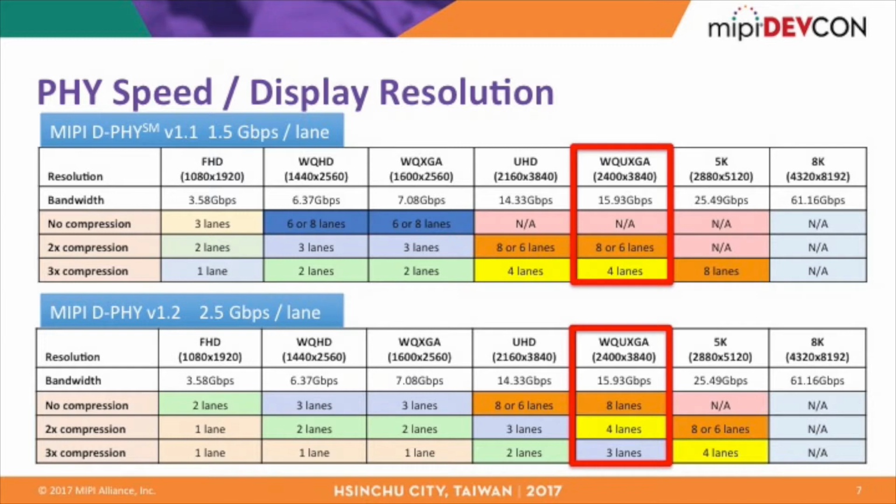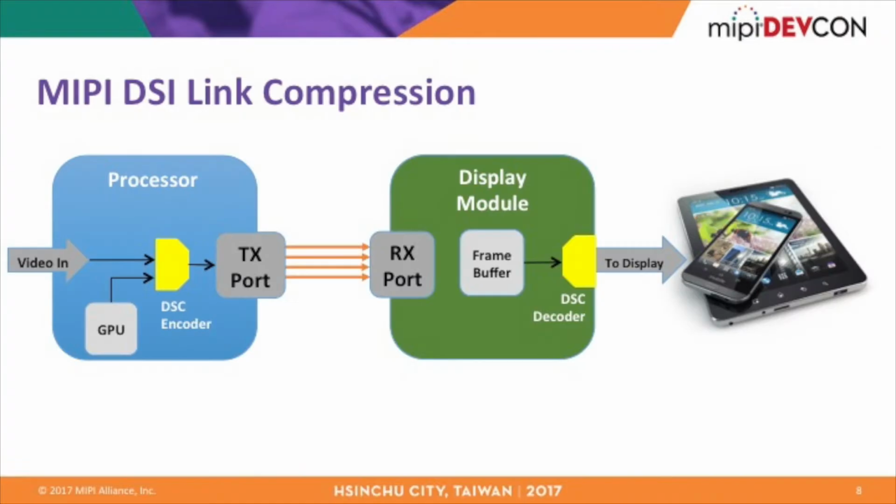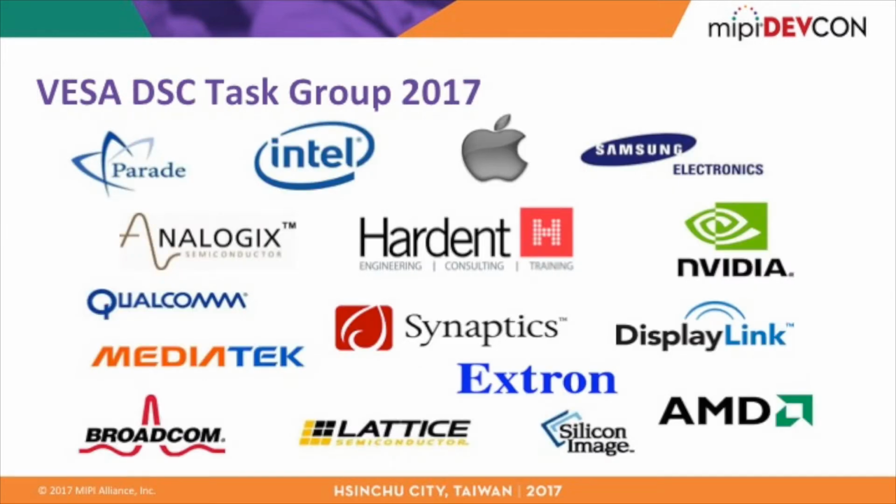With 3x compression, it will only require 4 lanes. So this is extremely effective. Essentially, you end up putting a DSC encoder in your processor and a decoder in your display technology, and you're in business.